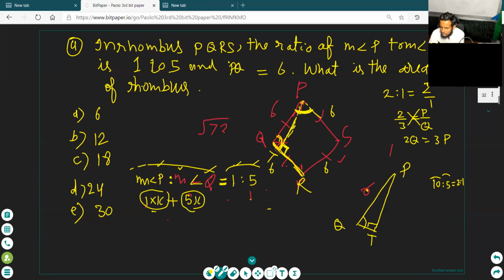Two consecutive angles are supplementary angles. Write their sum. Supplementary angle, right? Their sum is equal to 6.